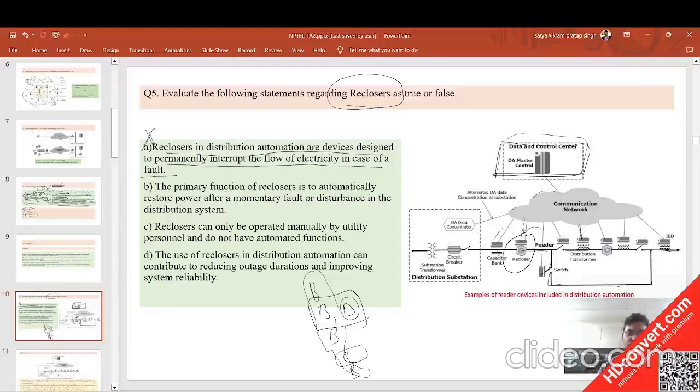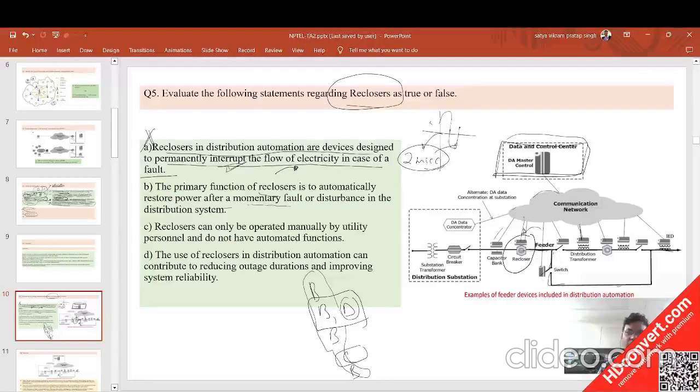In the B part, it says it automatically restores power after a moment, while the first part says it is designed to permanently interrupt the fault. That is not correct, because the recloser senses the fault but tries to reclose again after a short time. Suppose there is a fault and you have to restore after 2 milliseconds. The recloser will sense again whether the current has decayed or not.